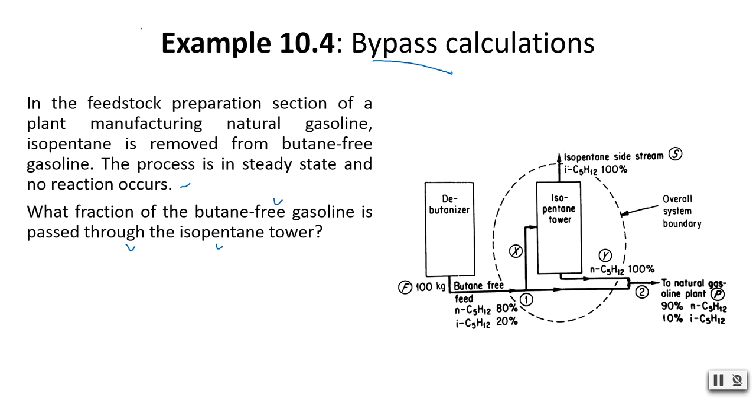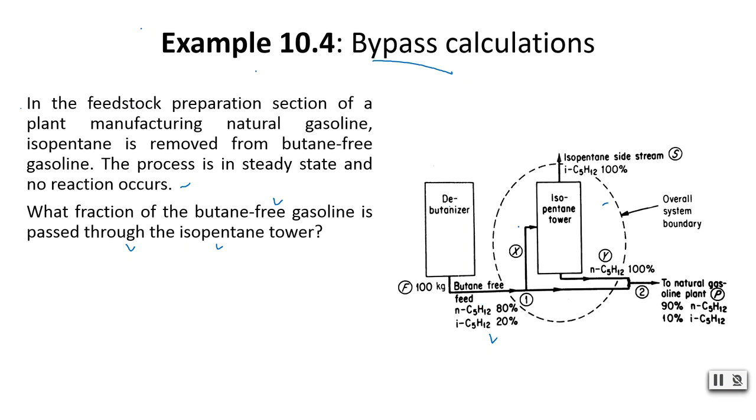We have all the information given in the diagram here. We have isopentane from the butane-free gasoline.